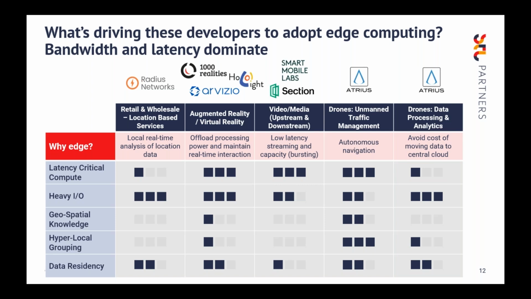That's what we mean by heavy I/O, and that's very important for video-based applications. So whether that's Smart Mobile Labs with video optimization, or the AR, VR companies and startups, the real factor here is being able to not have to move all that data back and forth.